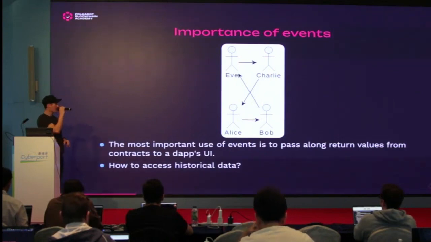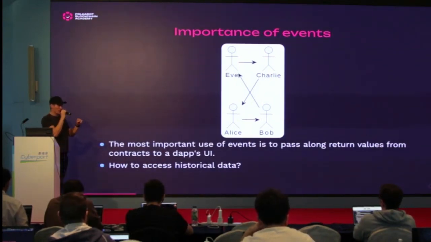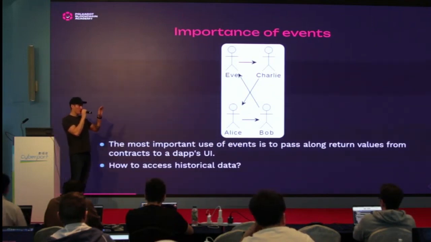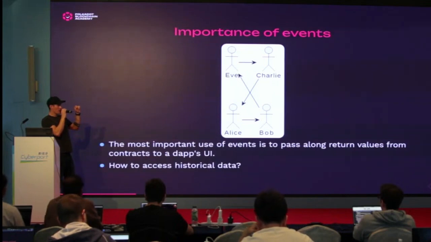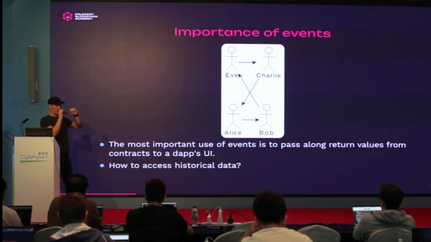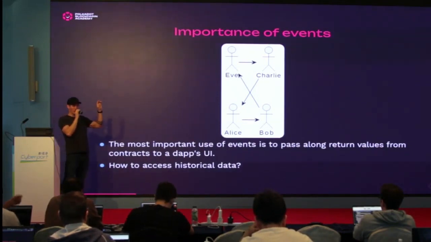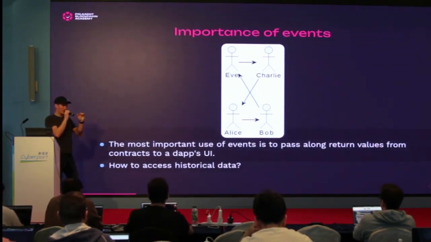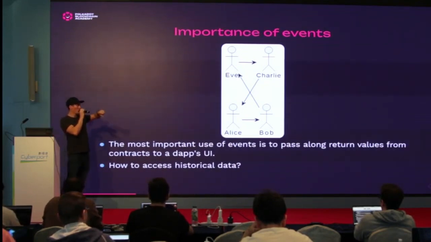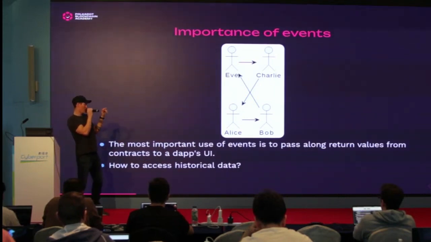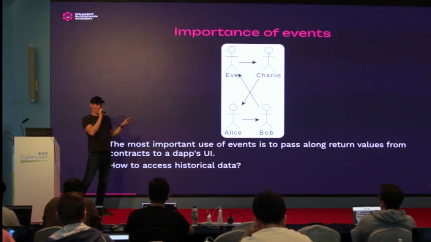A good example of that is a token, right? A smart contract that's like an ERC20, whatever you want to call it. It generally is a glorified mapping, a glorified hash map, where for every account we keep a balance. It does not keep track of the history of all the transactions, so who sent what to whom. Just at the head of the chain, Alice, Bob, Eve, and Charlie, whatever are their balances.